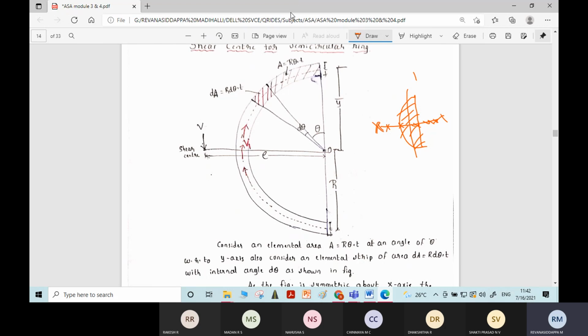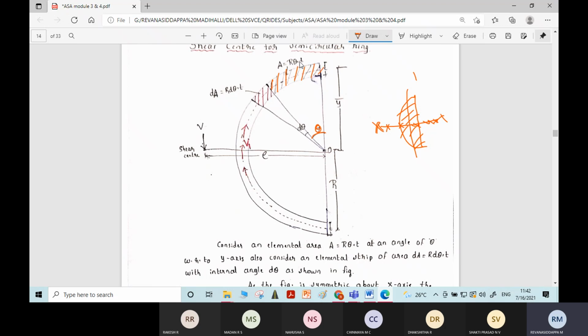For that, I have considered an elemental area at an angle theta with respect to the y axis, where the area of this elemental area is given by r theta into t.